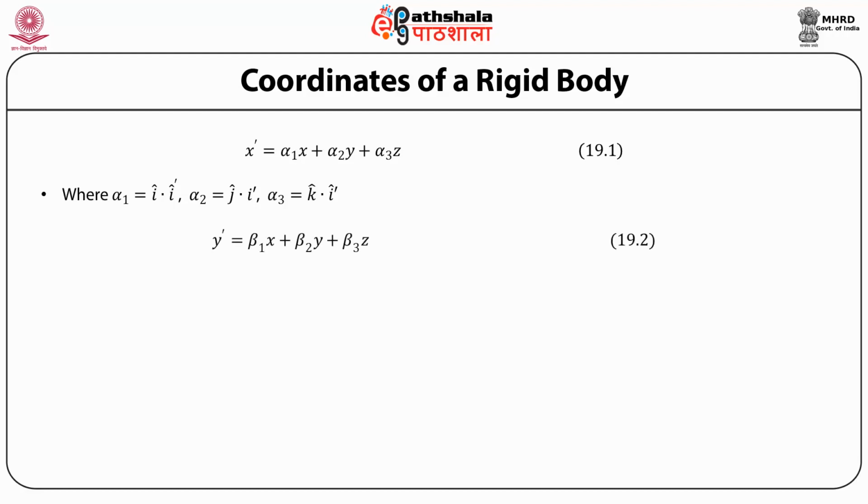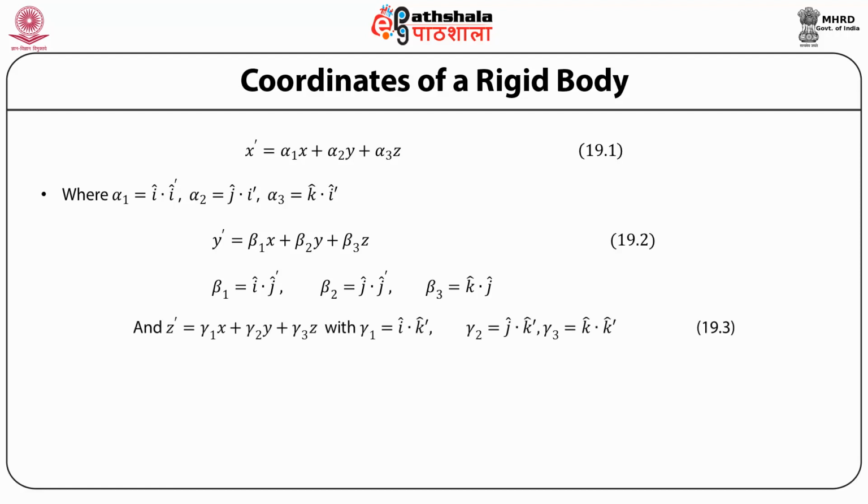Similarly, y prime can be written as beta 1 x plus beta 2 y plus beta 3 z, where beta 1 is equal to the scalar product of the unit vectors i with j prime, and likewise for beta 2 and beta 3. Similarly, z prime can be written as gamma 1 x plus gamma 2 y plus gamma 3 z, with gamma 1 given by the scalar product of the unit vector i with k prime, gamma 2 j with k prime, and gamma 3 k with k prime.